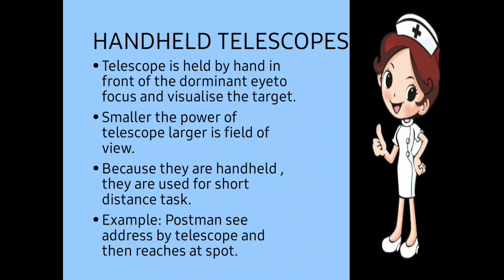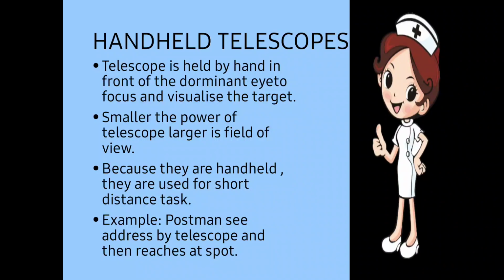We have two eyes, one is the better eye and the other is the weaker eye. So always hold it in front of the better eye. If the vision of the right eye is good, then hold the telescope in front of the right eye. If the vision of the left eye is good, then hold it in front of the left eye, and visualize the target which you are going to see.